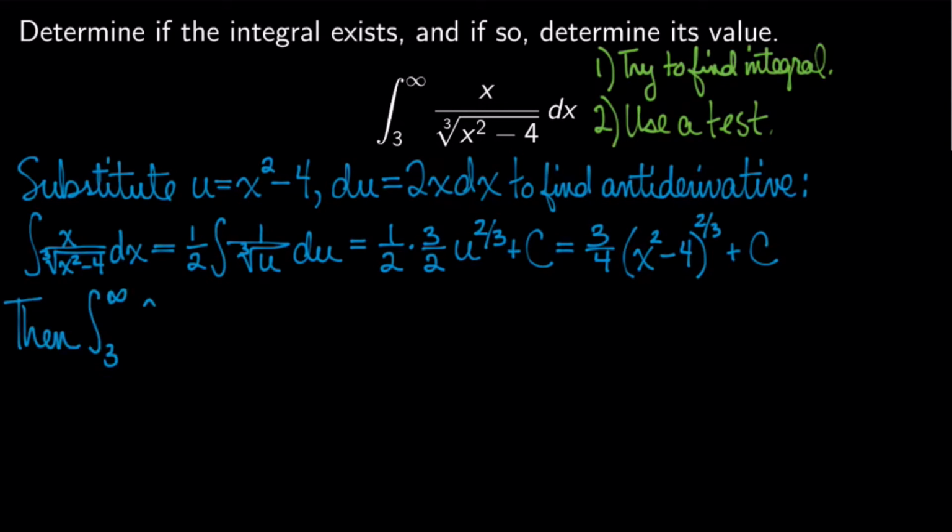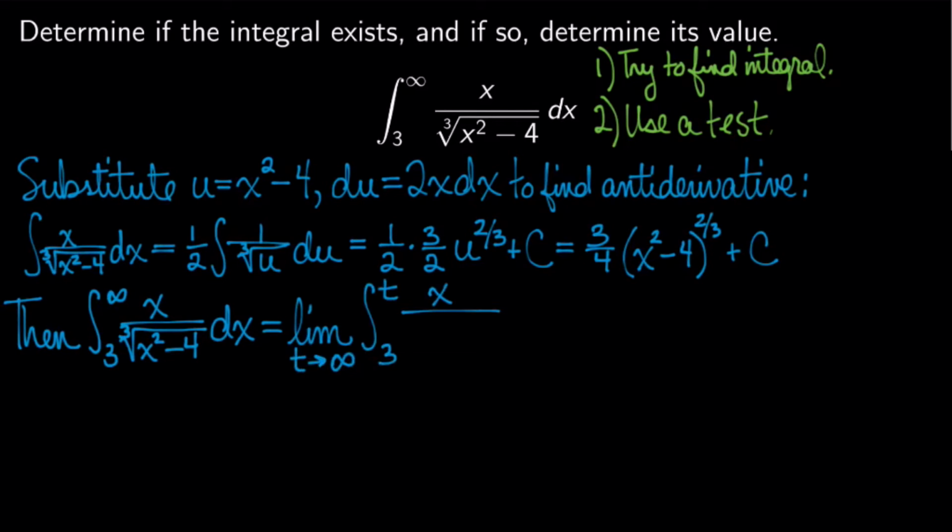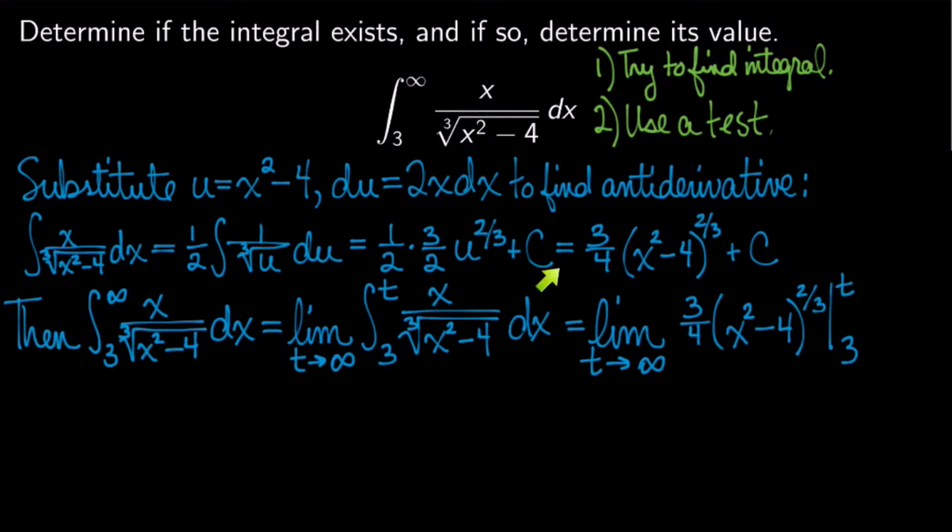Let's go back to the main problem. Here is my improper integral. Here is that improper integral expressed properly as a limit as t goes to infinity, and notice the infinity symbol replaced with a t right there. So nice. Next, I replace the integral here with this evaluation.